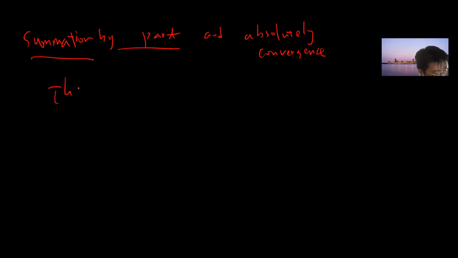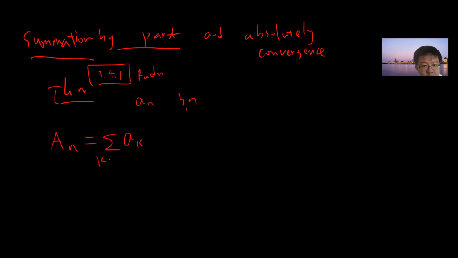Okay, so theorem. Now I will write the theorem, the number for you guys, so that you can check. Given two sequences, let's say an and bn, let's put An to be the sum of ak, k from 0 to n, and A minus 1 equals 0, and we have the following.